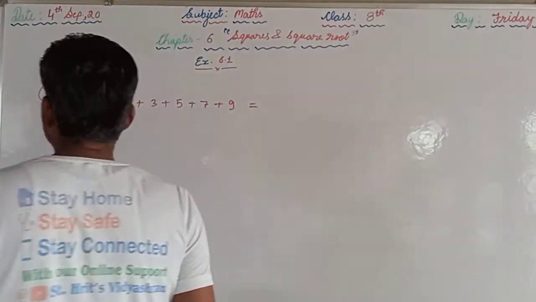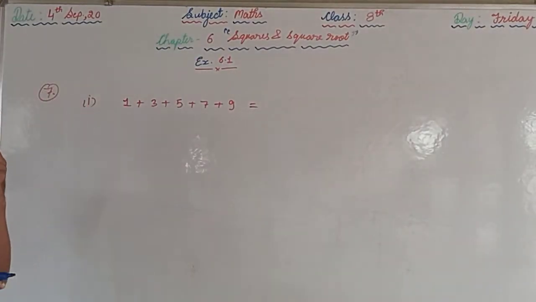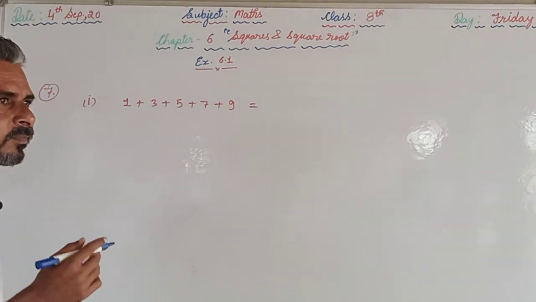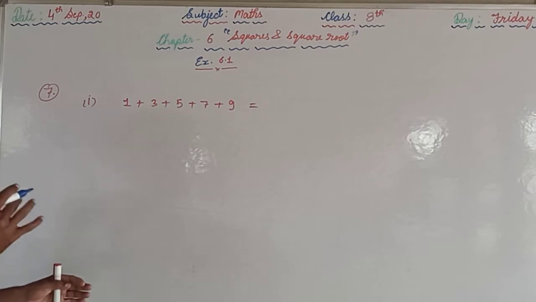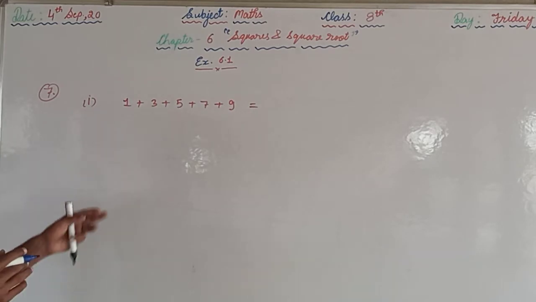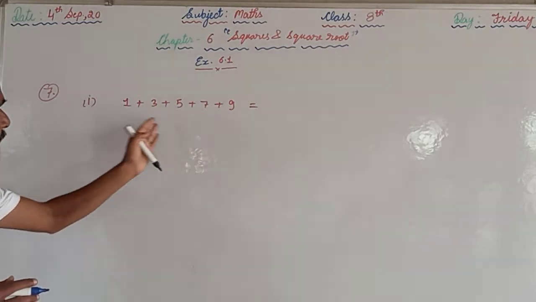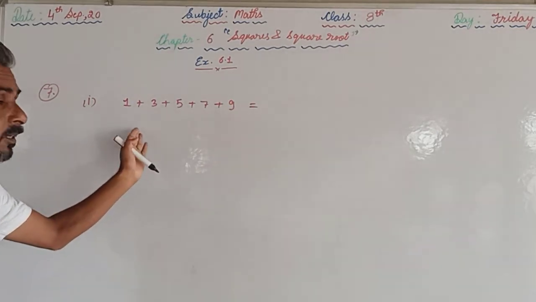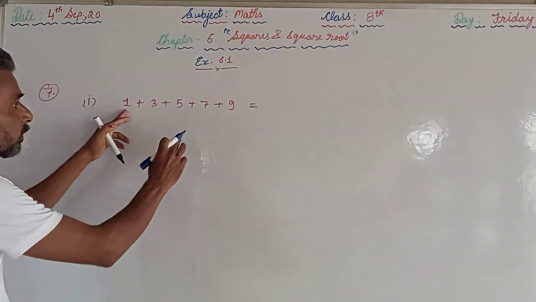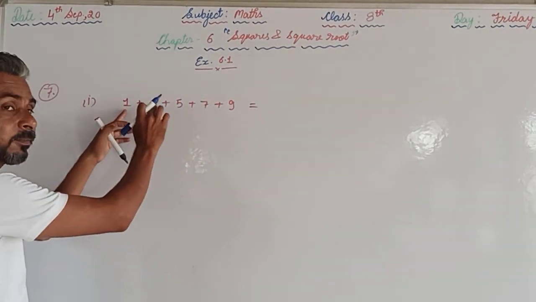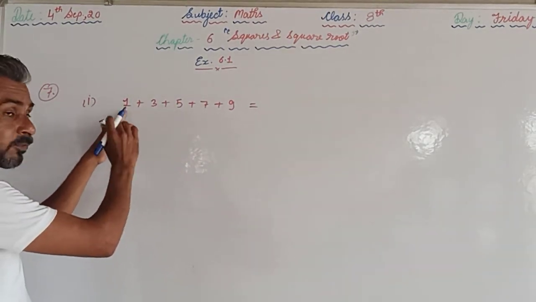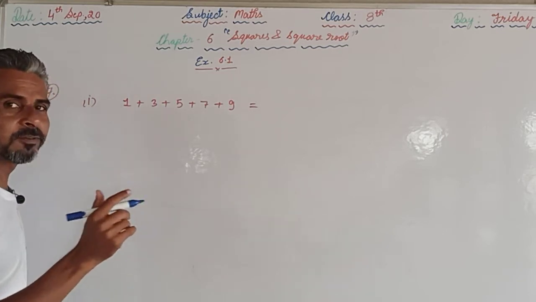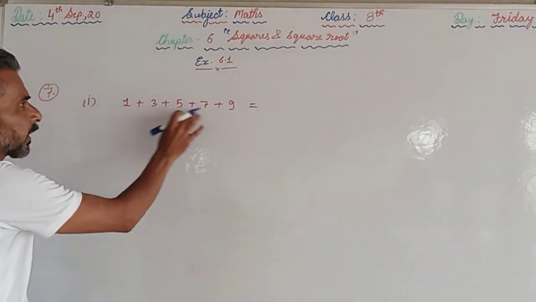As I told you in the starting of this chapter in the previous video, the squares of any number, the perfect squares, can be expressed as a sum of consecutive odd numbers. So these are consecutive odd numbers, 1 3 5 7 9, all are odd numbers and not a single number is left from them. Between 1 and 7, 3 and 5 come, means they are there. We are not missing any of the odd numbers between 1 and 9.